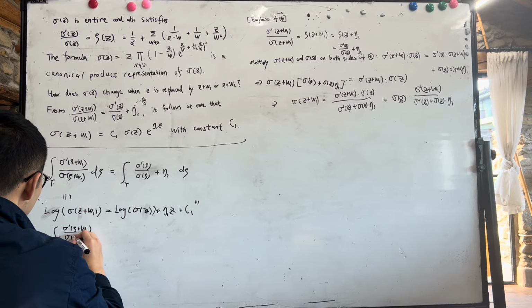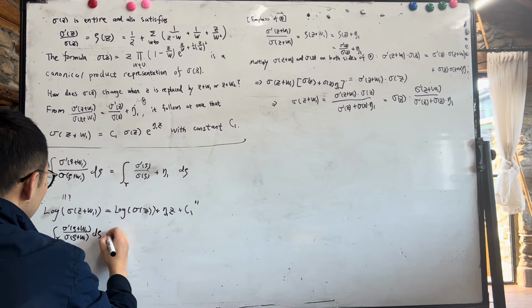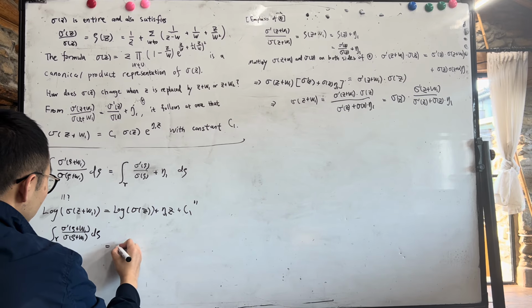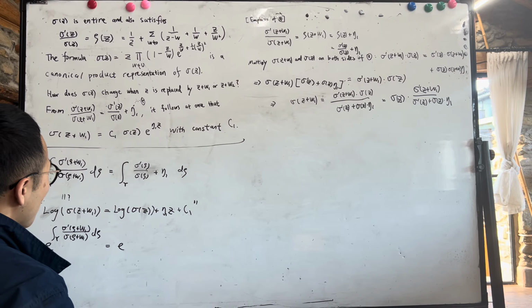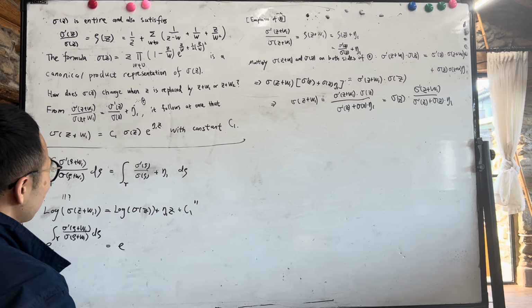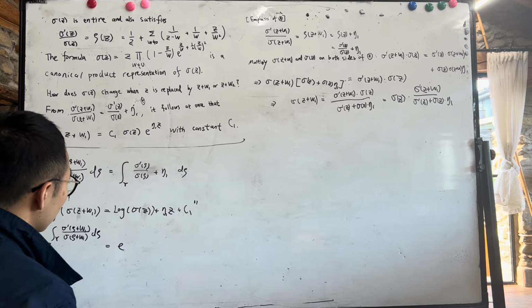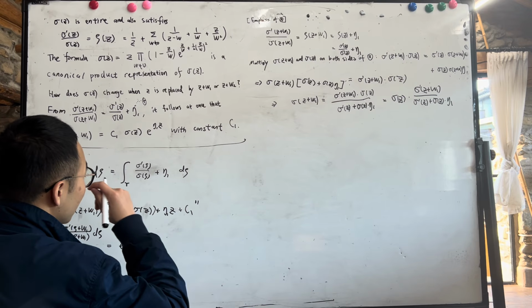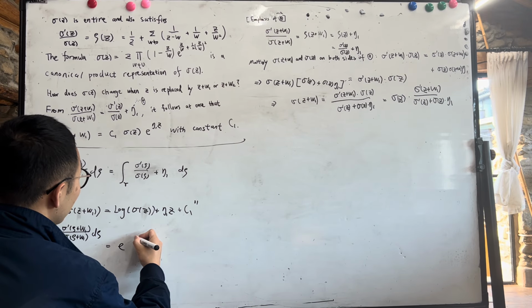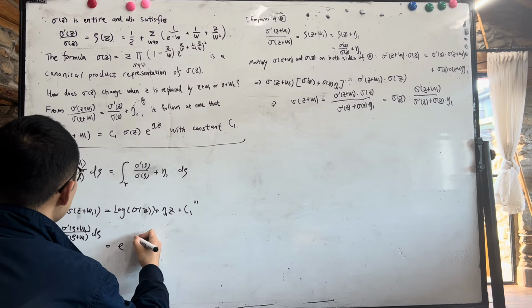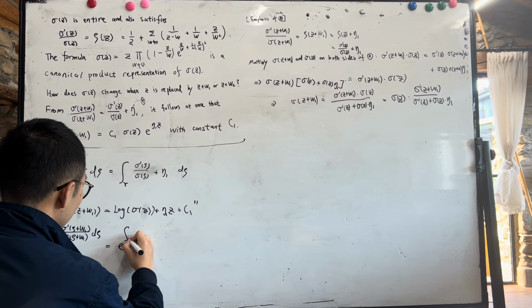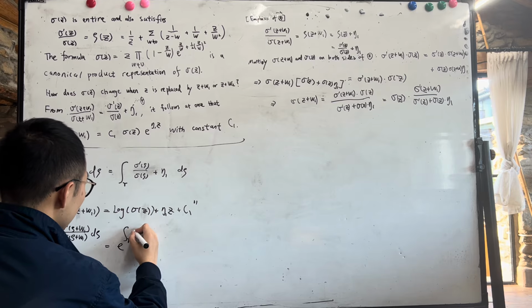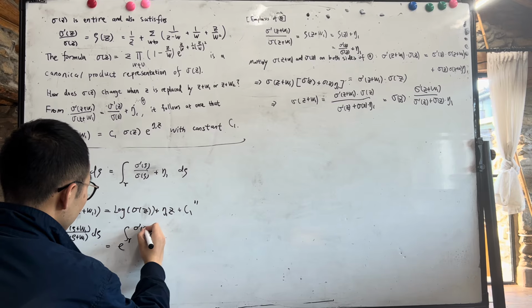Sigma of zeta plus omega 1 d zeta, which is equal to the exponential of the line integral over gamma of sigma prime zeta.